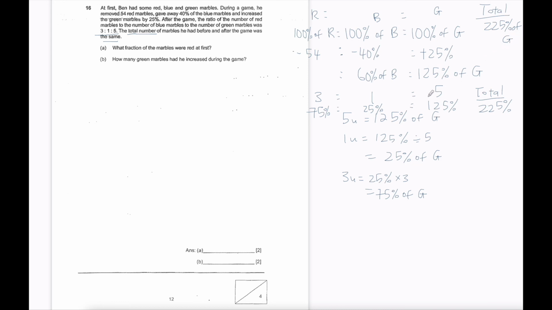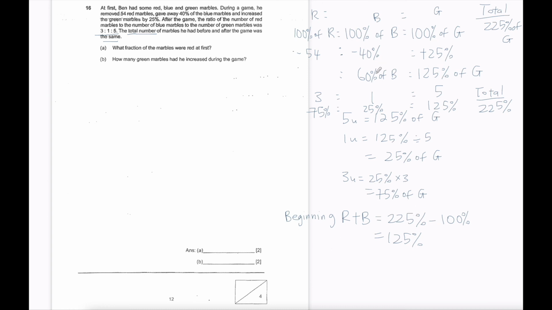Okay, so in the beginning, red plus blue equals to 225% minus away 100%. Okay, which is 125%. So this is because, like I said here, the total is 225% of green. Okay, so if I take away 100% of green, that means I'm left with 125% of green, which belongs to red and blue.